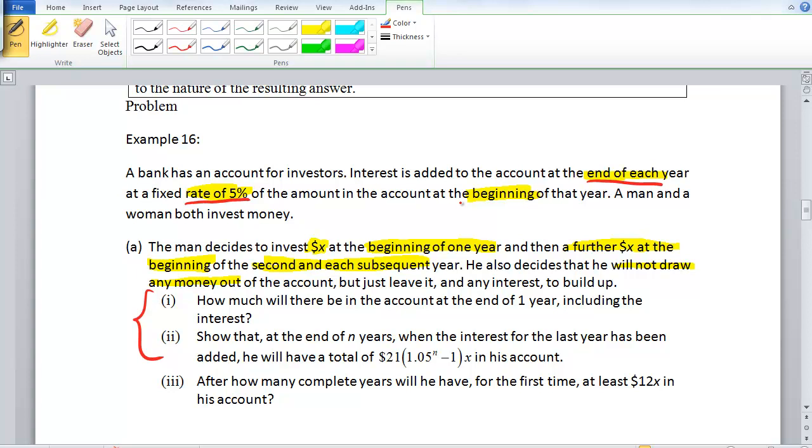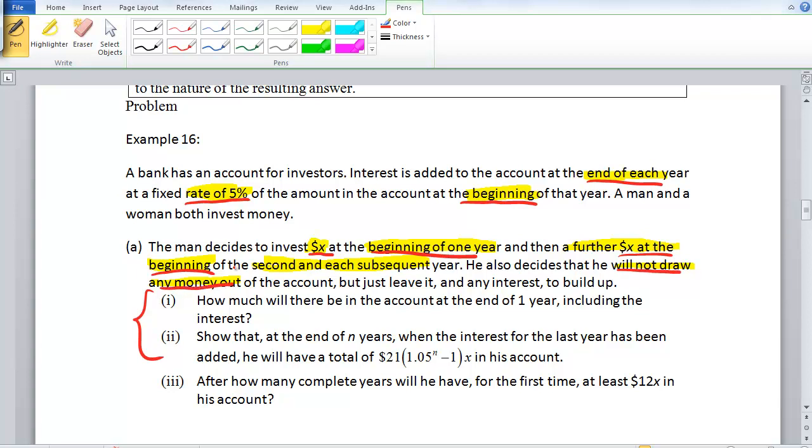At the beginning of that year, a man and a woman both invest money. Now, part A. The man decides to invest X dollars at the beginning of the first year, and then a further X dollars at the beginning of each subsequent year. That means at the beginning of each year, he'll just keep putting X dollars in. He also decides that he will not withdraw any money out.